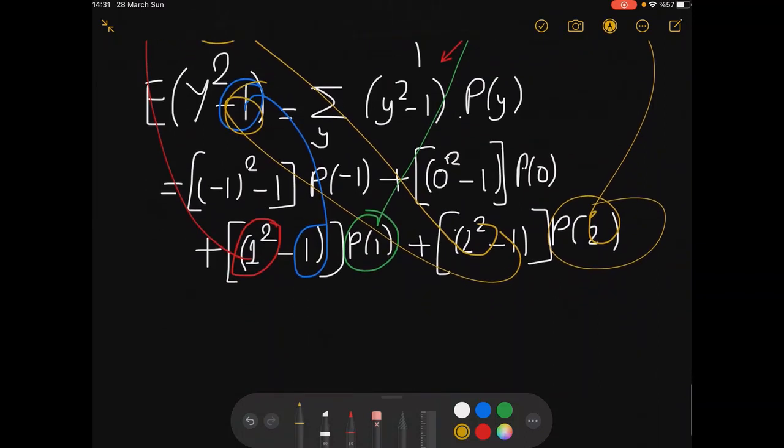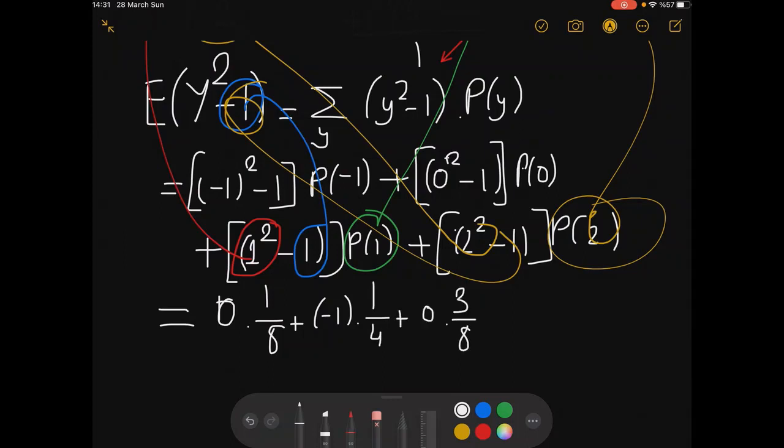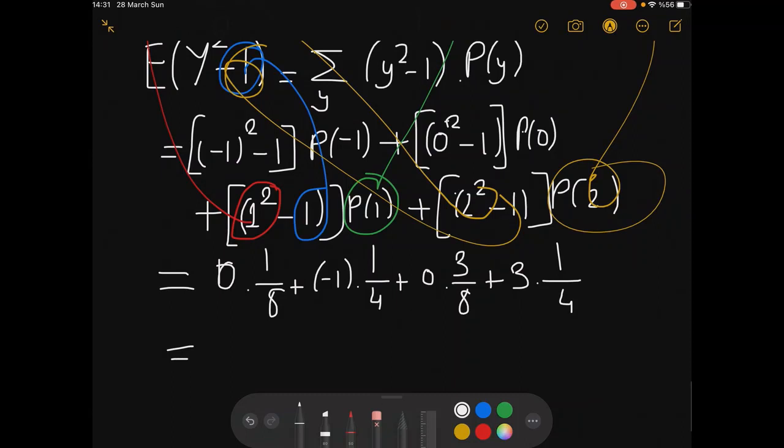When you make the necessary calculations with your calculator, the result will be 0 times 1/8 plus -1 times 1/4 plus 0 times 3/8 plus 3 times 1/4, and the result will be 1/2.